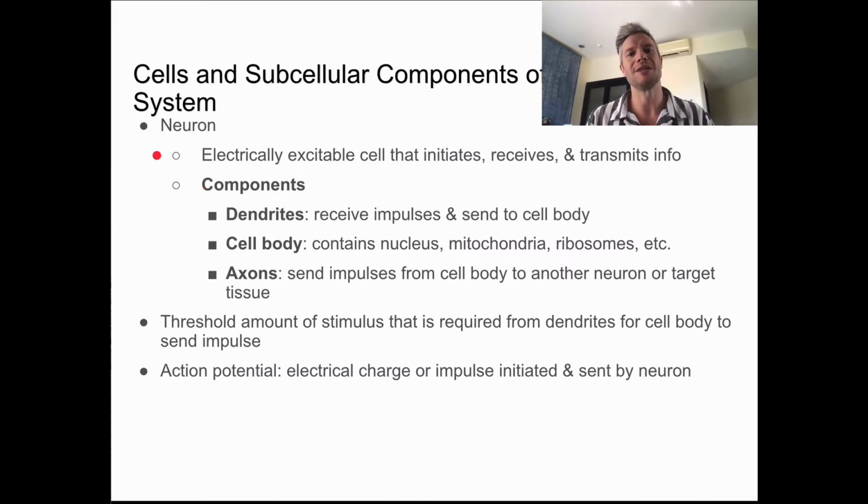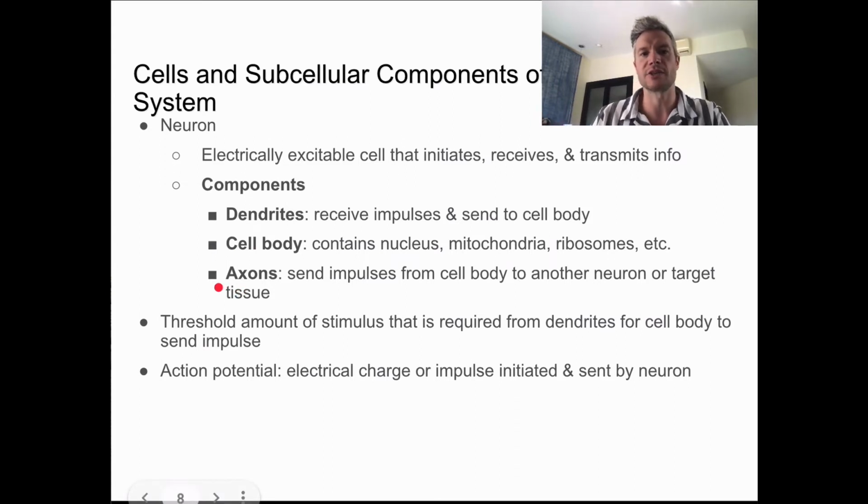So a neuron will electrically, so there's an electrical impulse. It's an electrically excitable cell that initiates, receives, and transmits info. Now there's three main important components: dendrites, which are kind of the branches. If you think of a classically diagrammed neuron, and we'll take a look at that, the tree part on one end of the neuron closest to the body is where we receive the information from the previous cell.